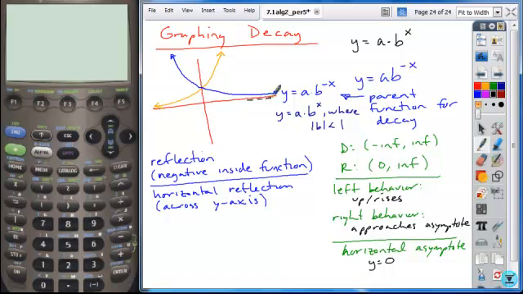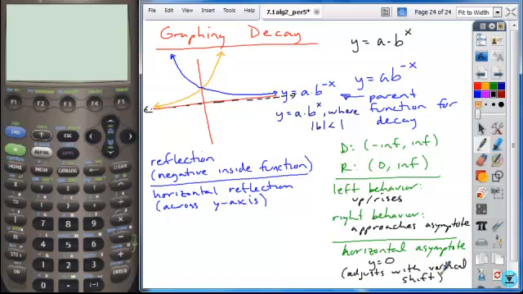So here, the built-in asymptote for that parent function is y equals 0. But do note that this is going to adjust with any vertical shifting that occurs. If there's anything added or subtracted on the outside of the function, the horizontal asymptote is just y equals whatever that shift is.